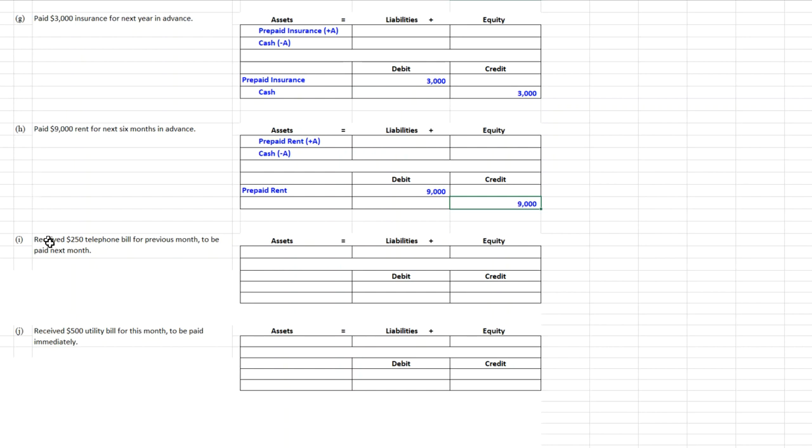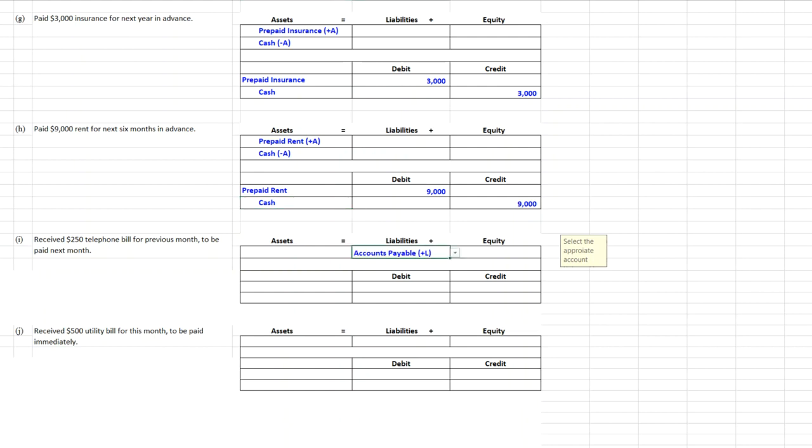Item I, we received a $250 telephone bill for previous month to be paid next month. So they already provided us the service. We have incurred a cost. So we're going to record an expense, and we're not going to pay it until next month. So we're going to have an accounts payable as well.